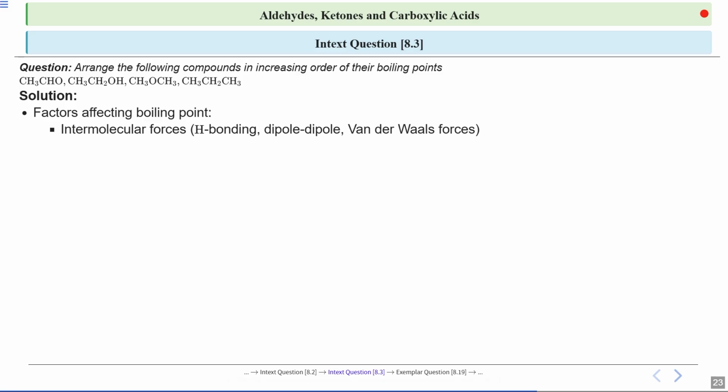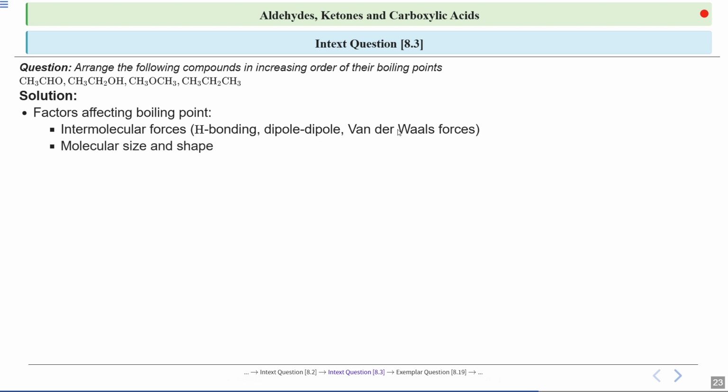Hydrogen bonding is a strong type of intermolecular force, and it can significantly raise a compound's boiling point. Dipole-dipole interactions are weaker as compared to hydrogen bonding. Van der Waals forces are the weakest.